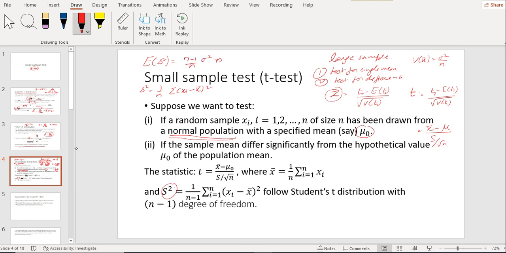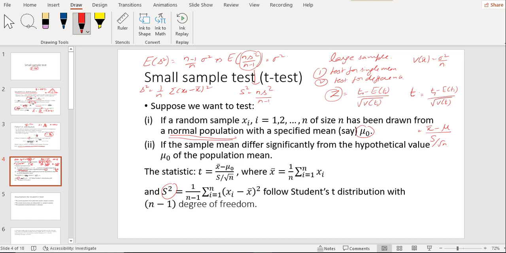When we take this factor to the other side, we realize that n s square upon (n minus 1) is equal to sigma square. By the definition of an unbiased estimator, if the expected value of the statistic is equal to the population parameter, then the estimator is unbiased. So we name it capital S square. What is capital S square? It is n small s square upon (n minus 1). So this is the relation between small s square and capital S square.